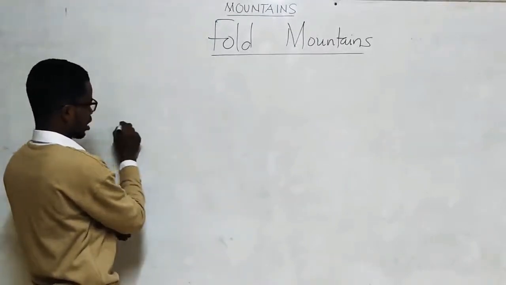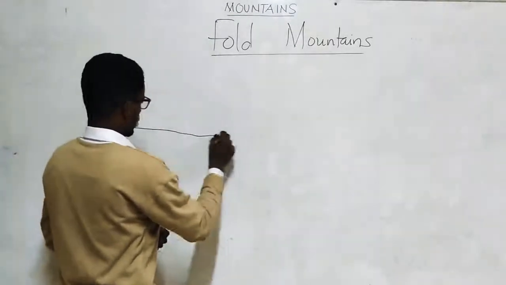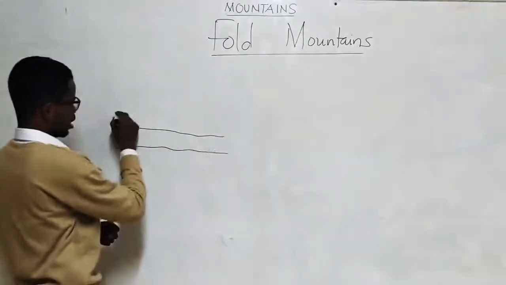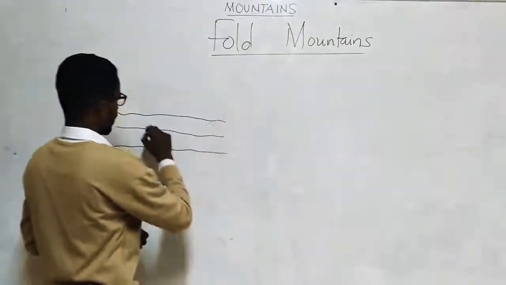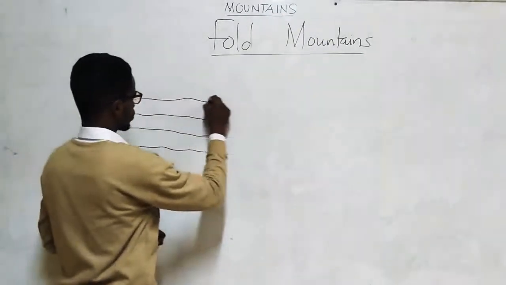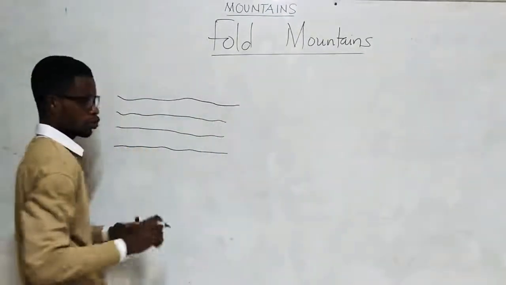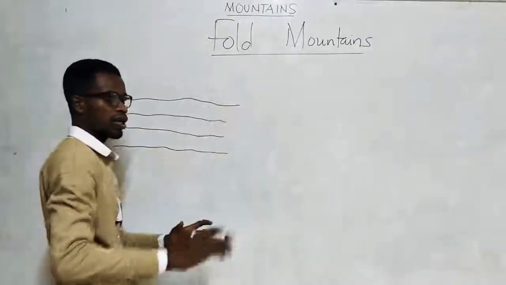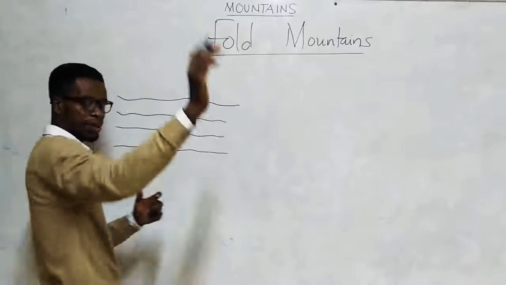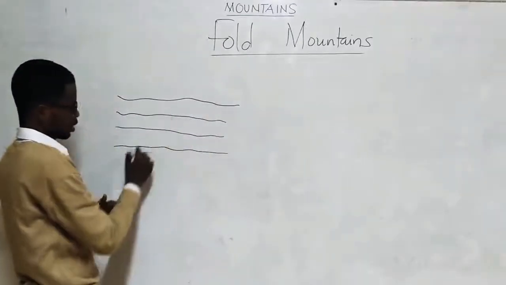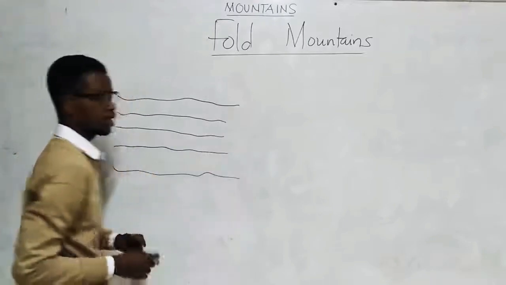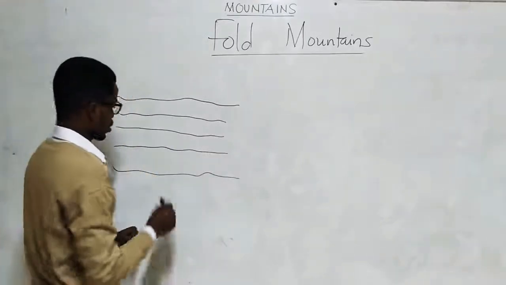So I have something like this. I'll have a layer here. It shouldn't be too straight because the earth surface is not uniform like a plane. One, two, three.